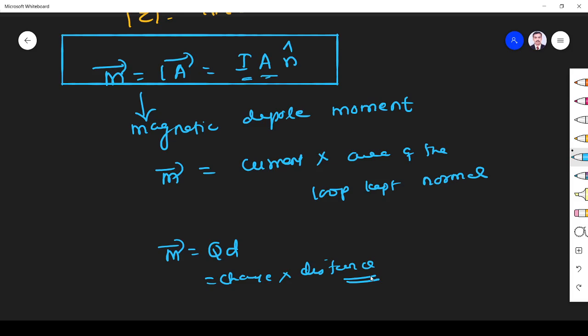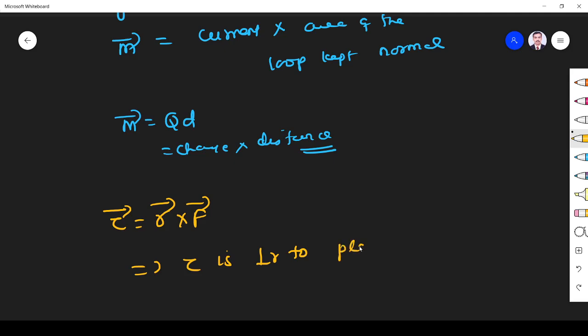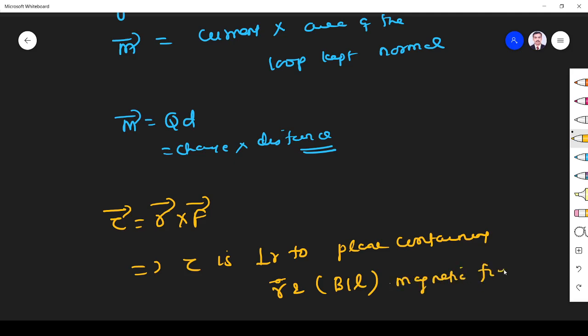And this is a very, very important point to be noted. Another point to be noted here is, we know tau is equal to R cross F. So this indicates that the torque is perpendicular to the plane containing both R, which is a distance, and F, which is nothing but BIL, the magnetic field force. That's why we know how our loop rotates.